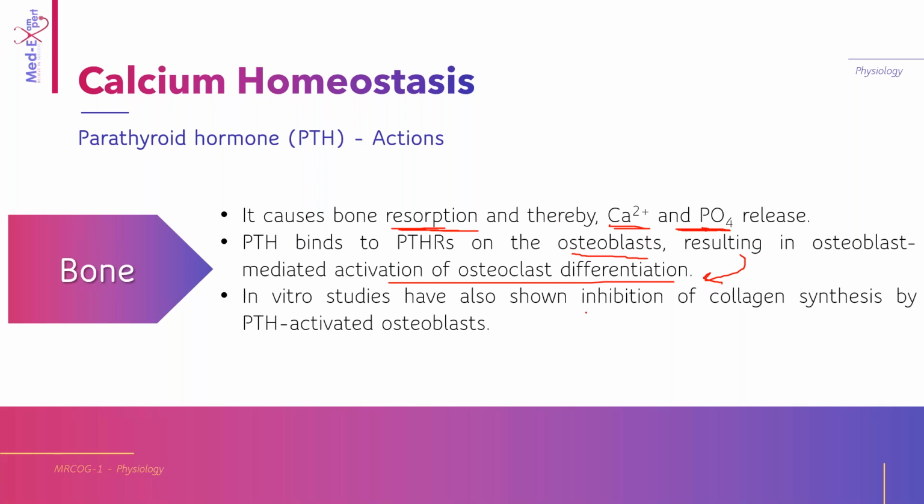Also, some in vitro studies have shown that parathyroid hormone inhibits collagen synthesis by activation of the osteoblasts. These are the actions of parathyroid hormone on the bone.